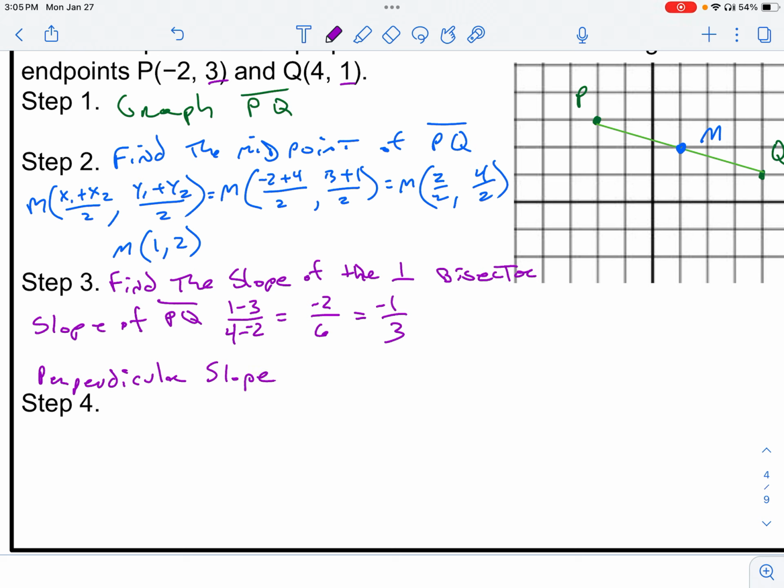So the perpendicular slope is the negative reciprocal. So we change the sign and flip it over. So it's positive 3.